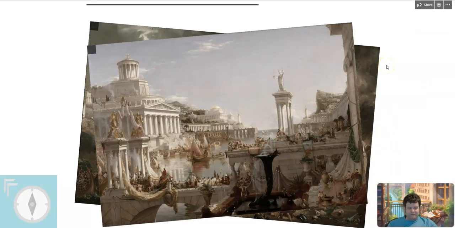Now, the first painting shows an idealized, beautiful, busy city. You can see that people are working, they're partying, they're going about their business, they're trading. These people are interacting with each other because there's a sense of trust.